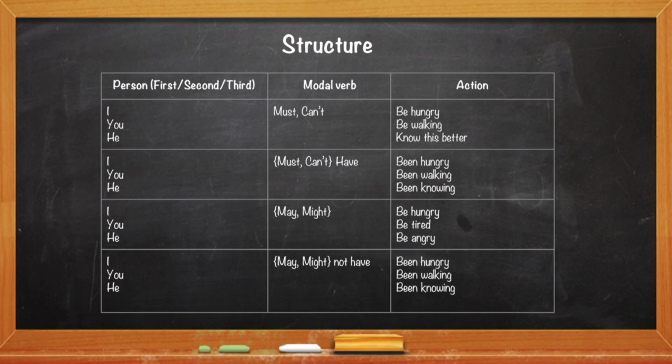He must have been walking. I may, might be hungry, be tired, be angry. You might be tired. He might be angry. I may have been hungry. You might have been walking. So, these are the common structures that are used with modal verbs.